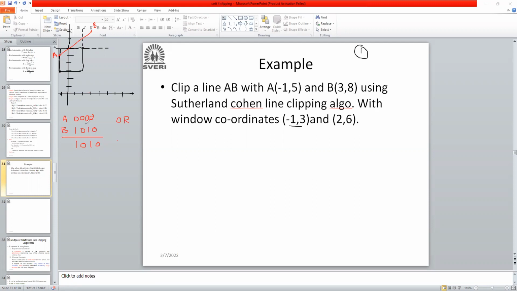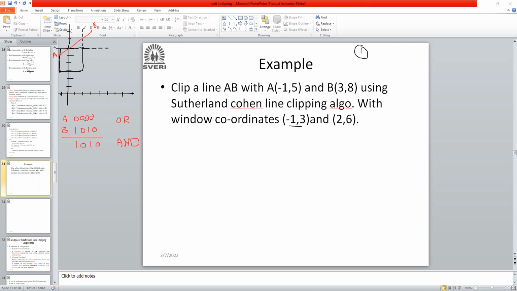So let us see what is true. So the OR operation is giving me a non-zero result, so I have to perform the AND operation between them. From the OR, what did I get? A non-zero result. A non-zero result is the case or possibility of two different cases. Line is partially visible and line is totally invisible.